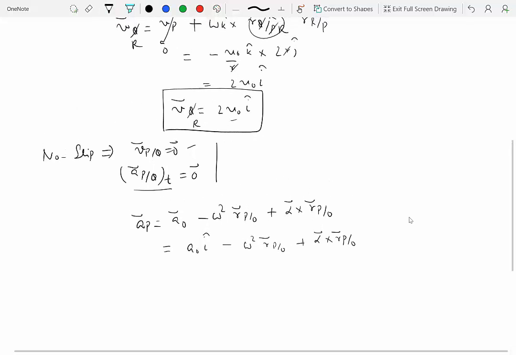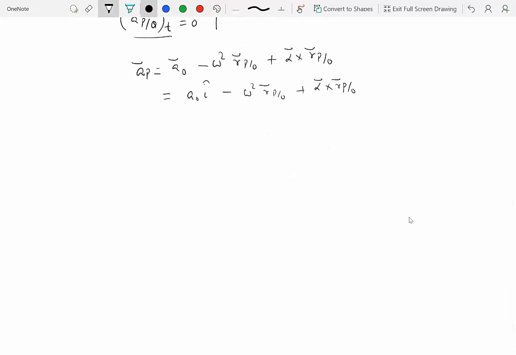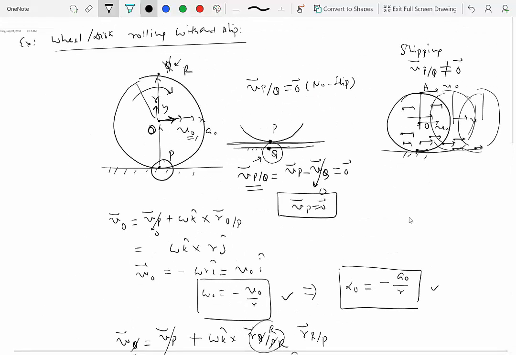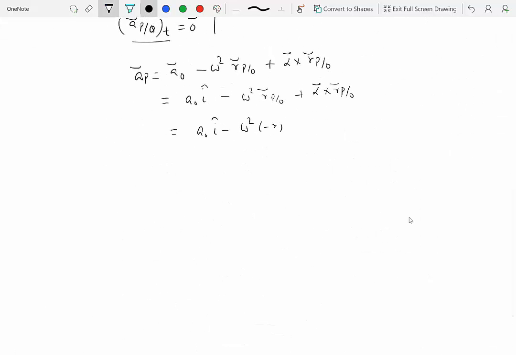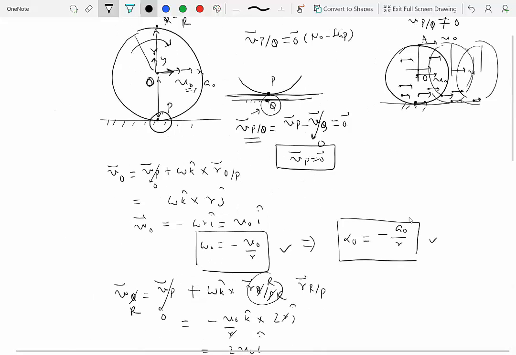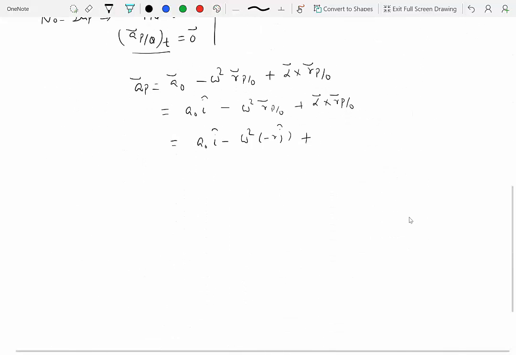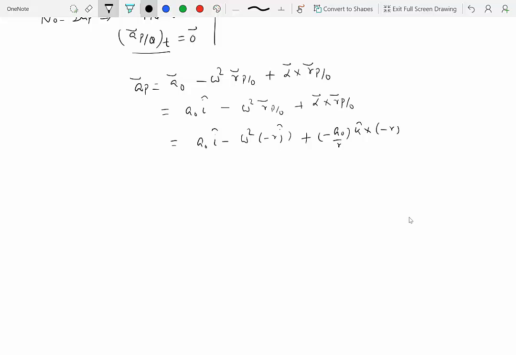Okay, so now let's begin to substitute everything in here. So we have a0 i hat minus omega square R of P with respect to O is this vector which is pointing along negative j, so that would be minus r j hat, and alpha is this quantity minus a0 over r, so let's write that minus a0 over r k hat cross minus r j hat.